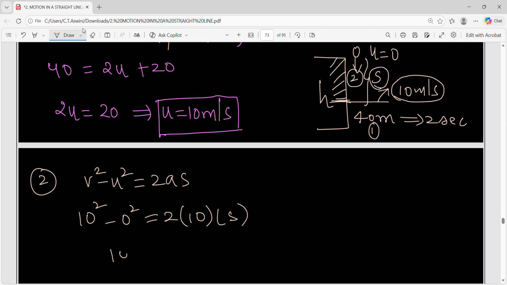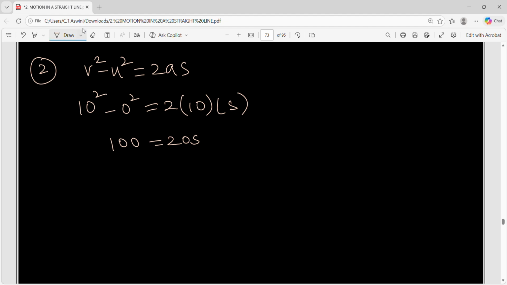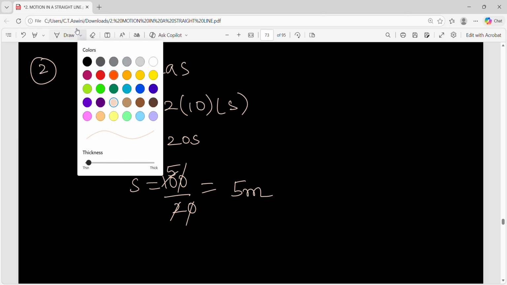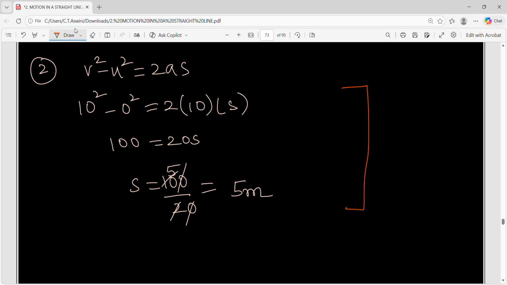So 10 square is 100, equals 20 into s. So s is 100 upon 20. The zeros cancel, so you get 5. So s is 5 meters. This was the height of the upper part of the tower.